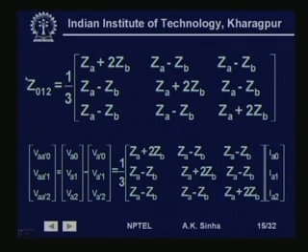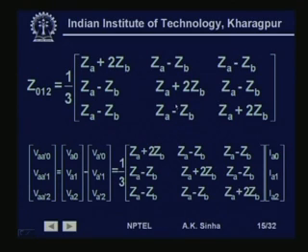Now, if we do this, then we find that Z012 is equal to 1 by 3 into ZA plus 2 ZB, ZA minus ZB, ZA minus ZB. So in this case the diagonal elements are equal to ZA plus 2 ZB and all the off diagonal elements are equal to ZA minus ZB.